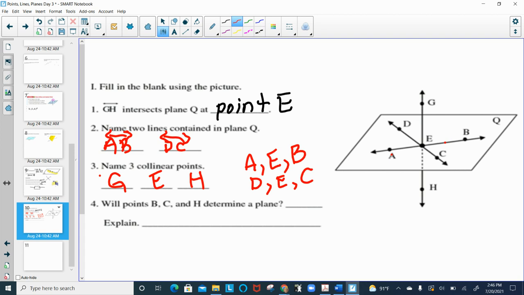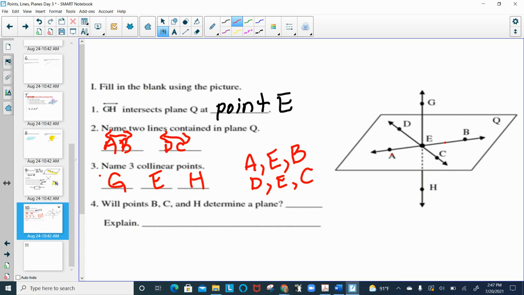And the last question, will points B and C and H determine a plane? And I feel like that's kind of a trick question. B and C and H are not on the flat plane Q that we see in our picture. So most of you probably said no. I'm good with that.